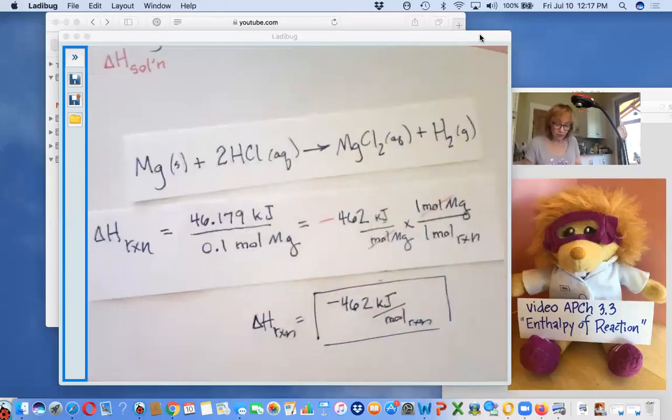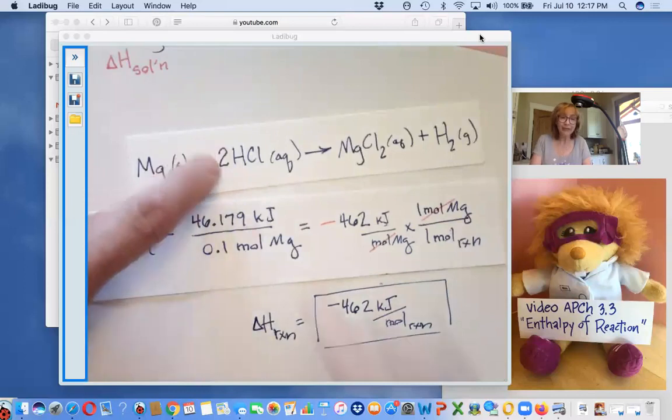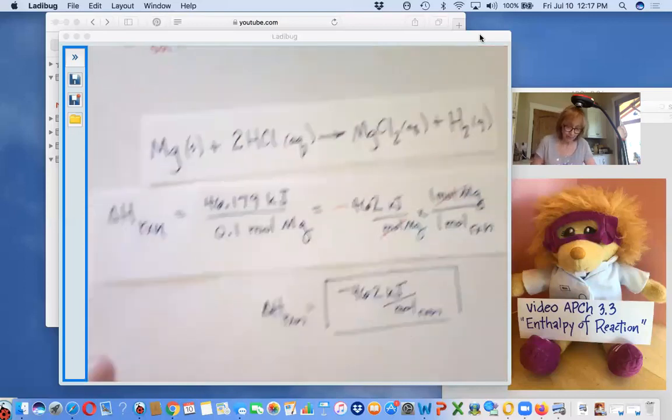Let me just show you how that would work if we had based it on the HCl.